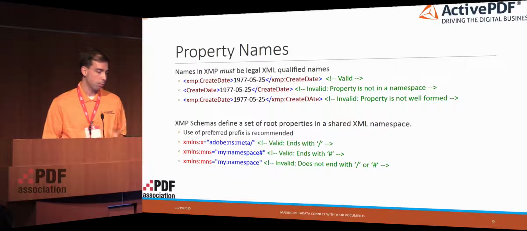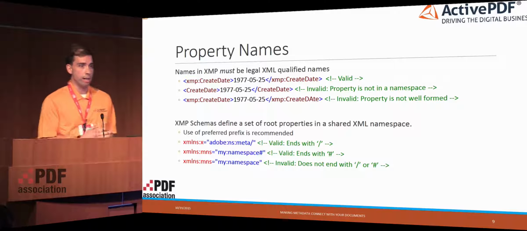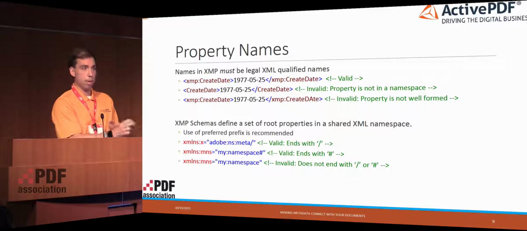A couple of rules about XMP namespaces. They have to end with a / or a #. These are to clearly delineate where the namespace stops. This prevents overrun if you have a namespace that's, for example, my namespace, and then I have some property called prop1.